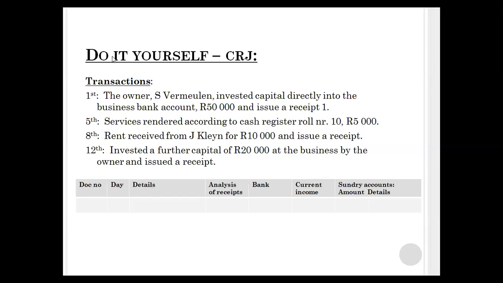Details, remember to look out for the name of a person, so it's S. Vermeulen. The amount is 50,000 Rand, paid directly into the bank. So in the analysis of receipts, 50,000 in bank and 50,000 in sundry accounts, and you say it is for capital.